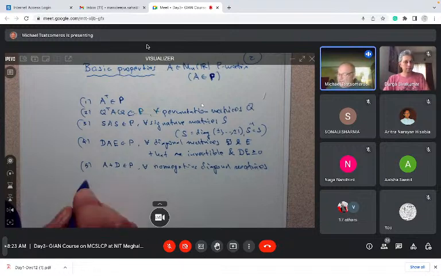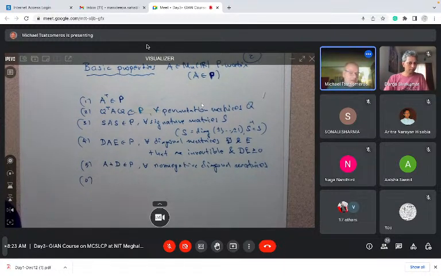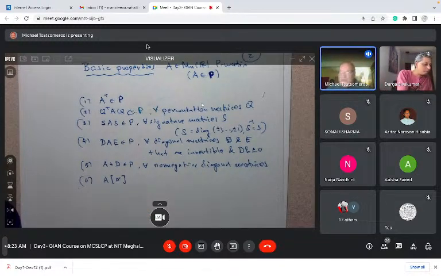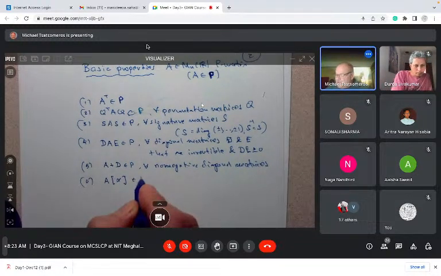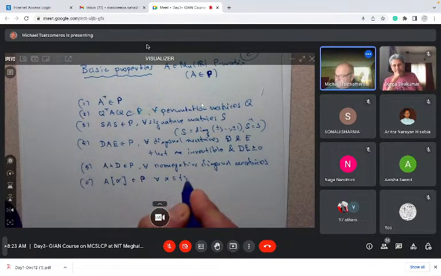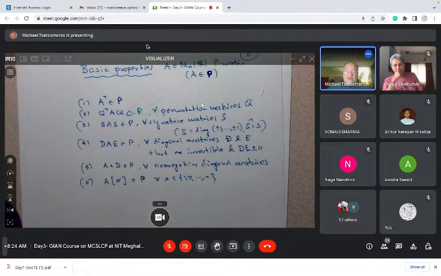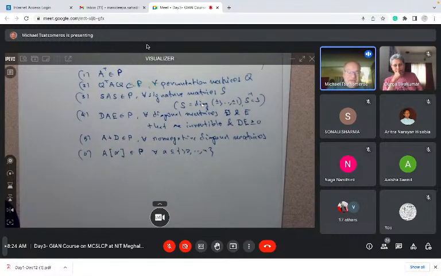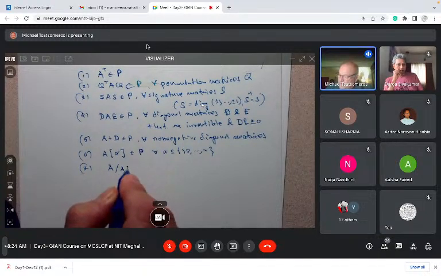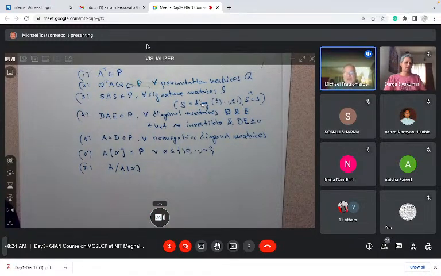Now, this is also an interesting one. Of course, every principal submatrix is a P matrix. So it's a property that's inherited by the principal submatrices. The Schur complement of a principal submatrix with respect to any of its submatrices, they're all invertible, right?